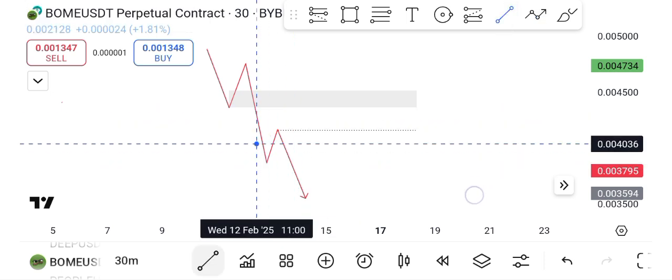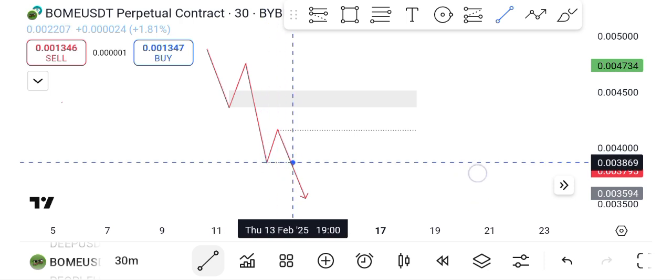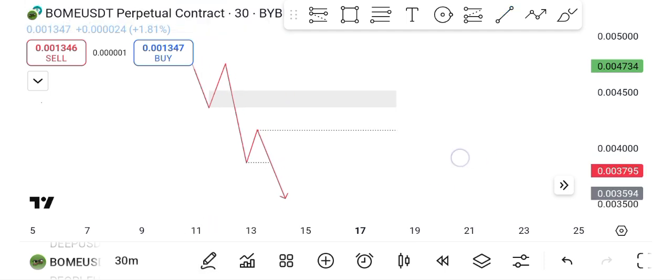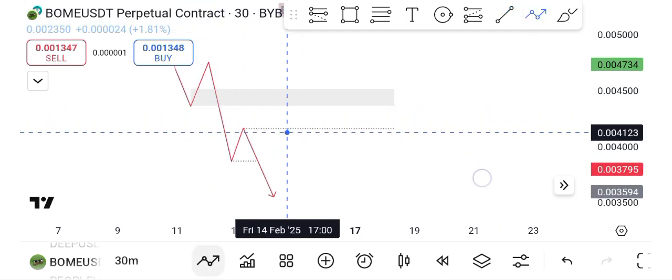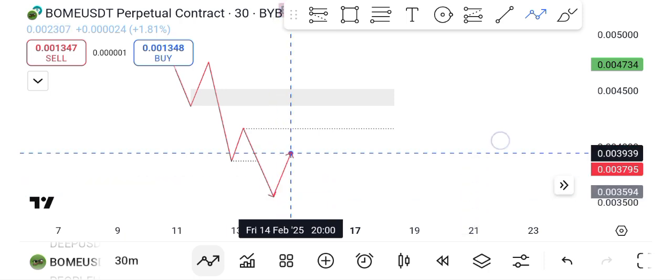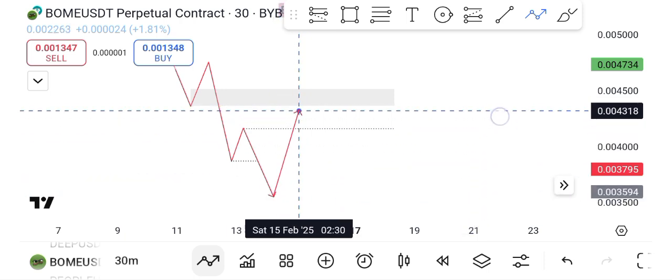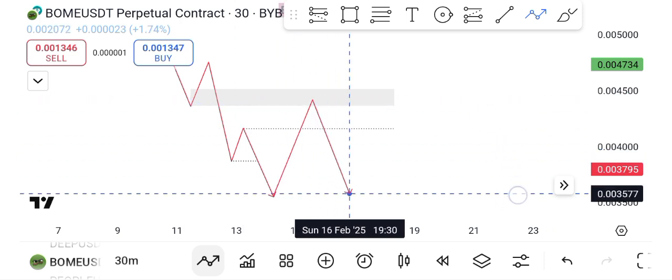So you want to make sure you have your liquidity and your fair value gap all marked out this way. When you have your liquidity and your fair value gap, there is over 70% probability that the market will come, take out your liquidity, fill your fair value gap, respect your breaker block zone and bounce back.